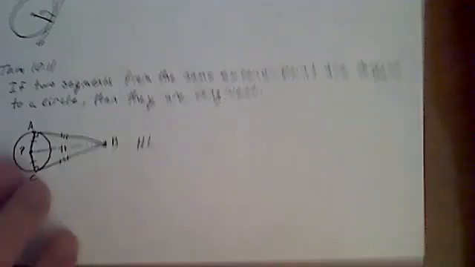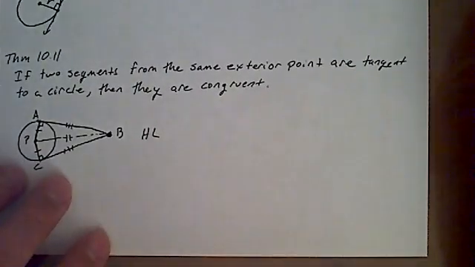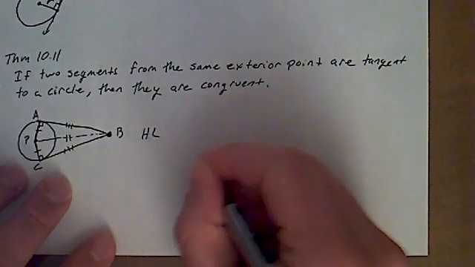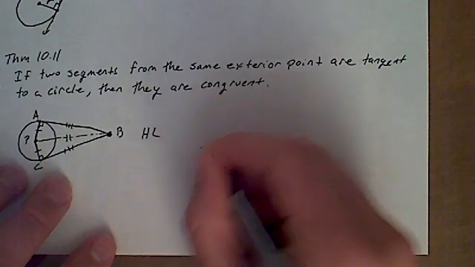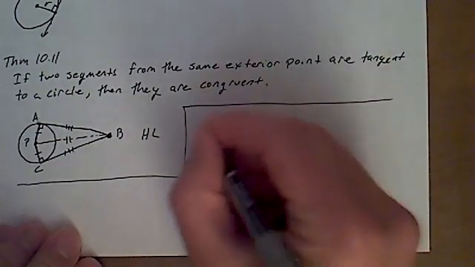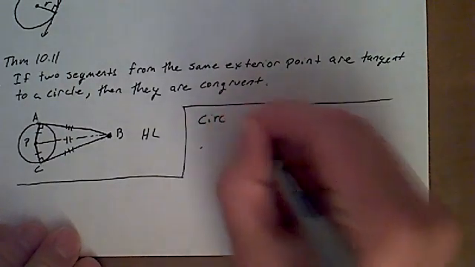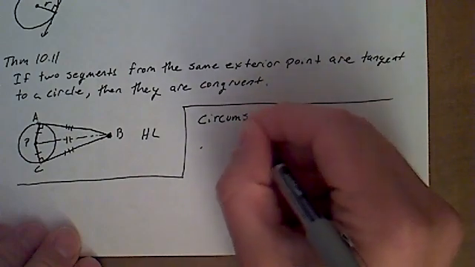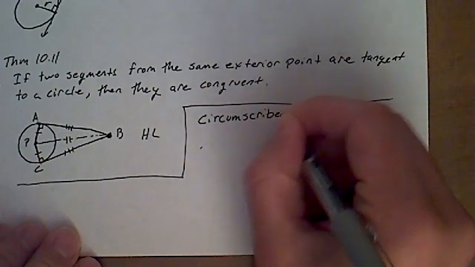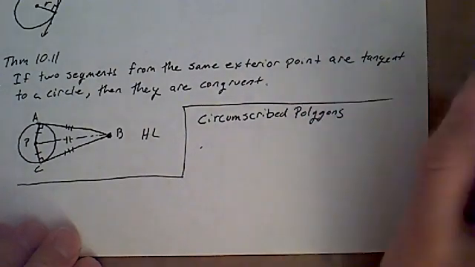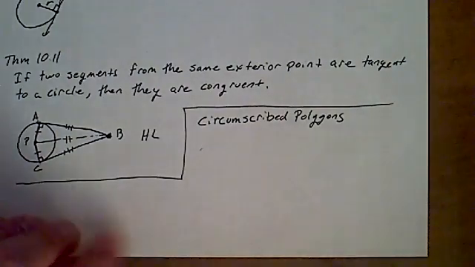And the last thing we need to look at, I might use this space in the corner here, is kind of a definition, just something we need to know. Circumscribed polygons.